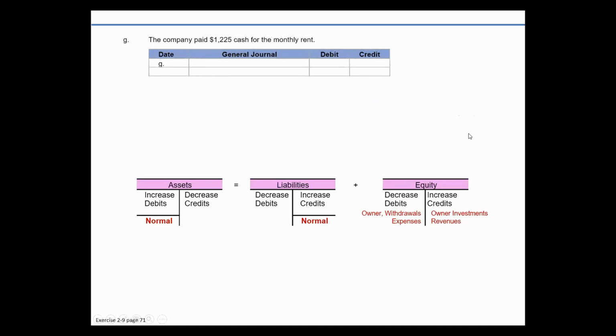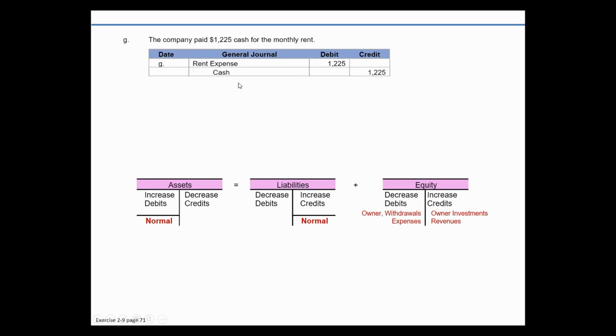And then the company paid $1,225 cash for monthly rent. So then our rent expense, we have to debit that $1,225. So again, that's part of our equity and that's an expense. So in order to do that, we would debit it in order to decrease our equity, $1,225.